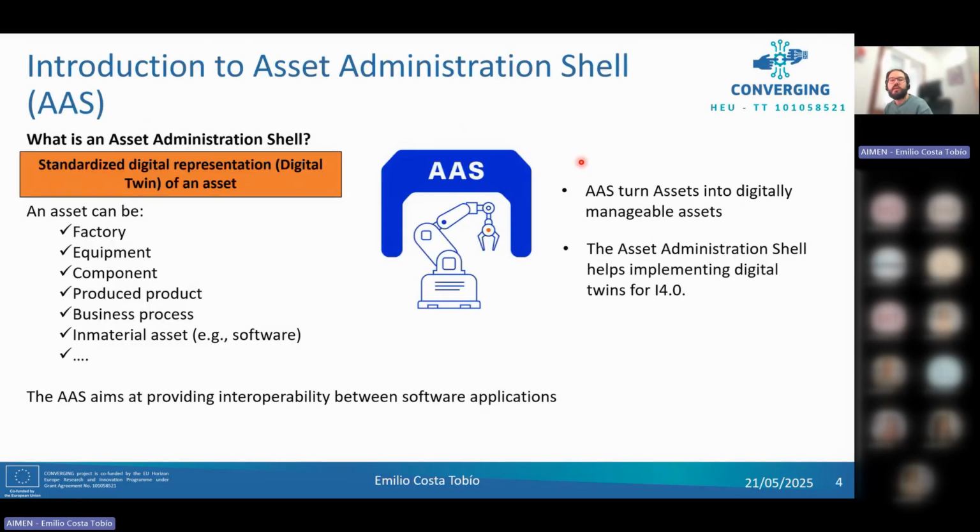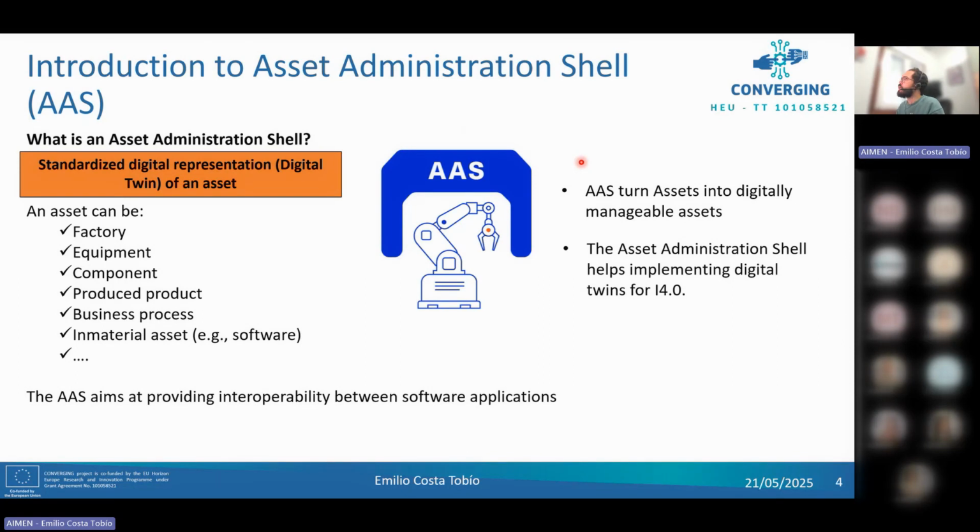So let's start. What is an asset administration shell? An asset administration shell is a standardized digital representation of an asset. And we understand an asset as anything that has an added value to a factory, to a company. So it can be a lot of different things in the scope of Industry 4.0. It can represent a factory, equipment, products, different processes, a lot of things that, as I mentioned, add some value to our company.